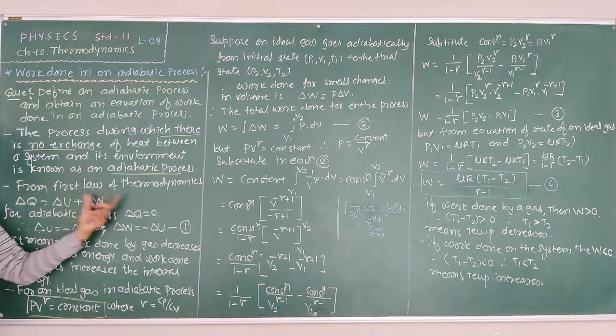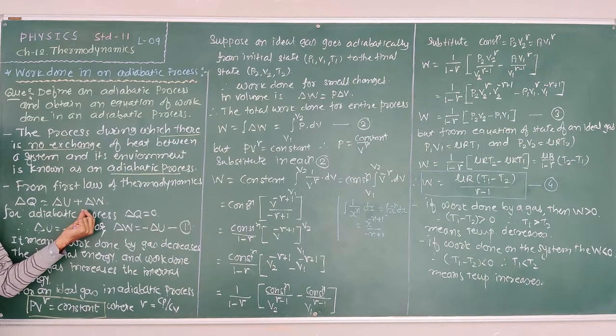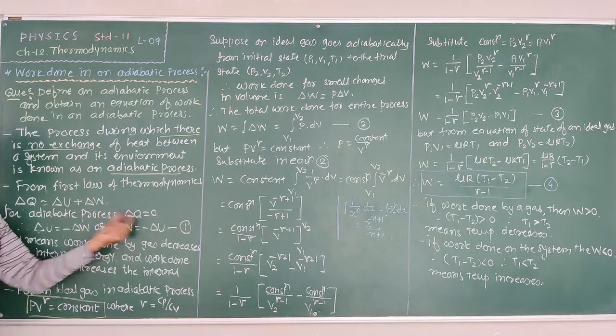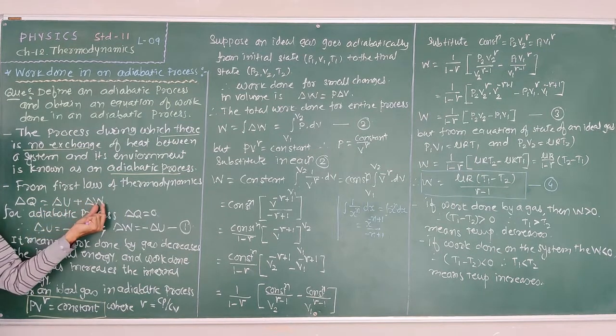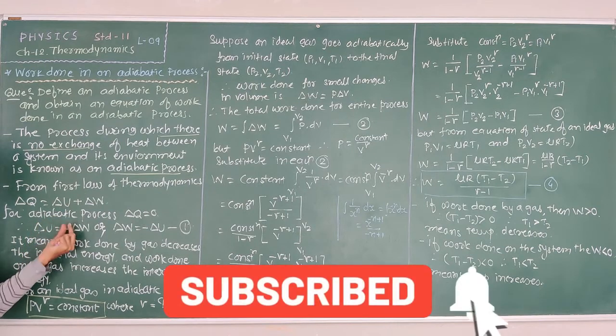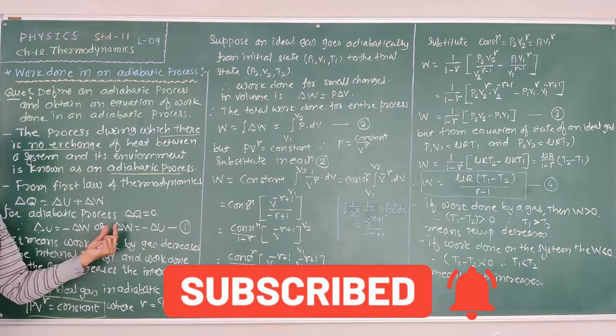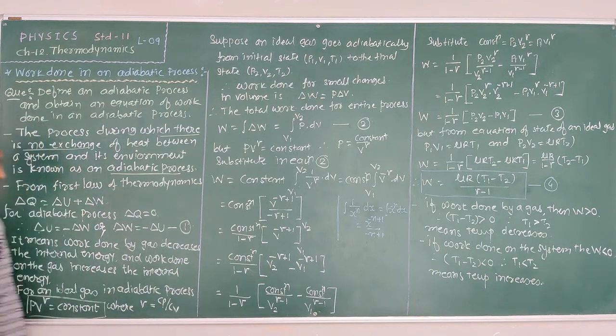Now, from the first law of thermodynamics, delta Q is equal to delta U plus delta W. But for an adiabatic process, delta Q is equal to 0. It means delta U plus delta W is equal to 0. That means delta U is equal to minus delta W, or delta W is equal to minus delta U. What is the meaning of this?